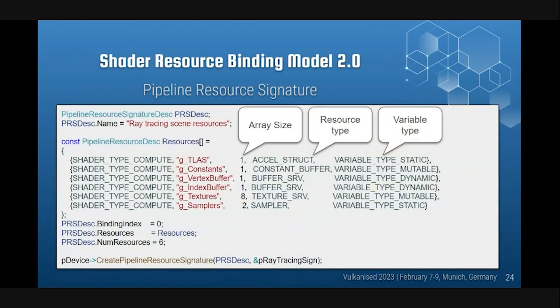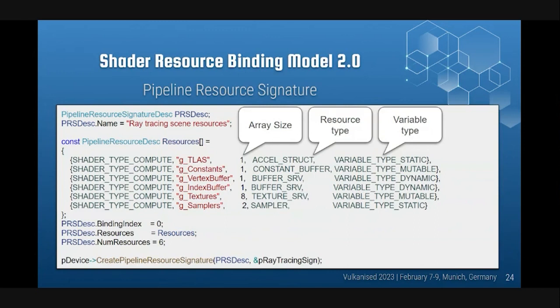So this is how the pipeline resource signature is defined. It's similar to how the pipeline layout is defined, but besides the variable type, we also need to define the resource type this time, because pipeline resource signatures are defined without having actual shaders.